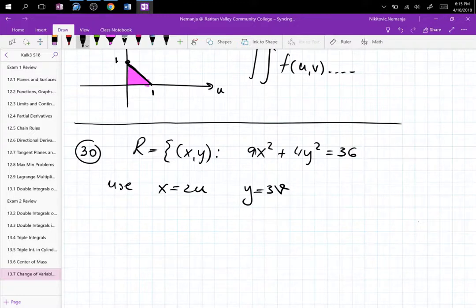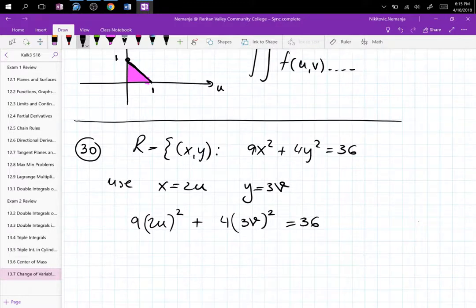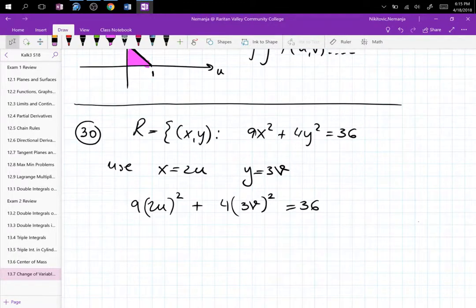So what they have is 9, and instead of x squared, I have to put 2u in parentheses squared plus 4 times 3v squared equals 36. Oh, this is going to work too. Okay, good. So we have 9 times 4, that's 36.